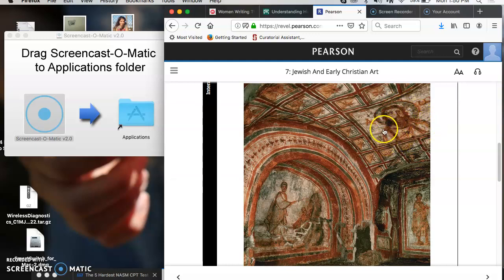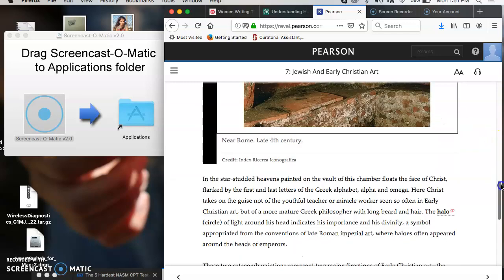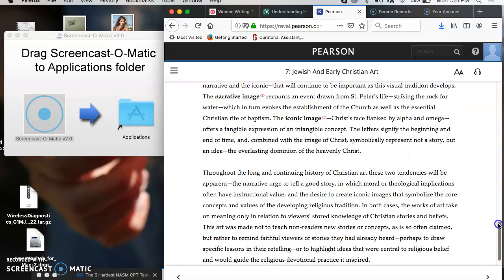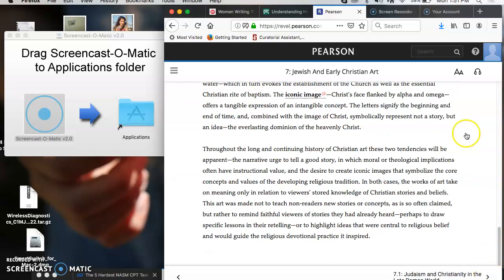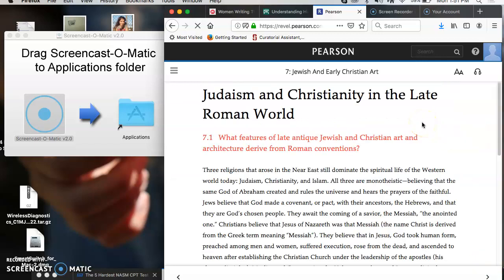And they want you to notice that he is actually very still, frontal, stable, symmetrical, unlike Peter, full of action and turning. They're getting you to think about how this is a more narrative artwork and this is a more iconic artwork.